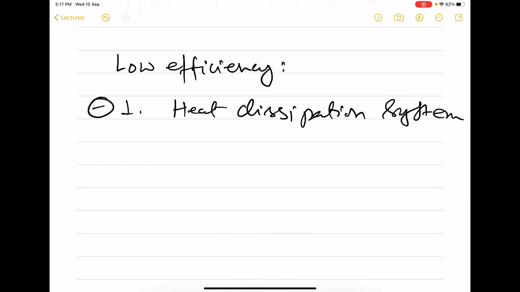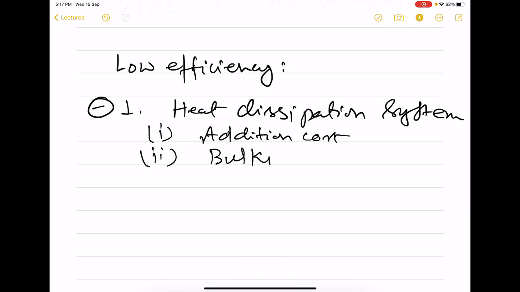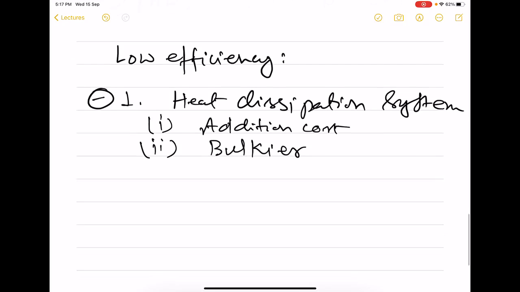And the issue with this is that of course it will require additional cost, and it will make the system bulkier. So if you want to design a compact system, then it will be a challenge under this condition. So this is one disadvantage.